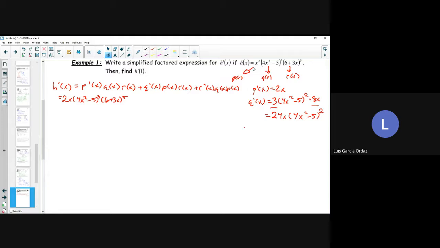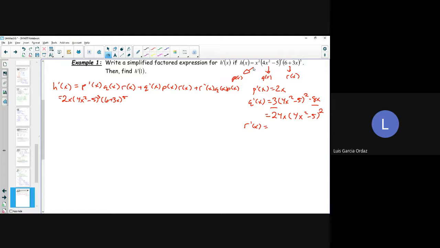And now the derivative of r of x, what would that give me? Let's see if someone can help me out with this one. So (6 plus 3x) all to the power of 5. What would the derivative of that look like? All right, perfect.